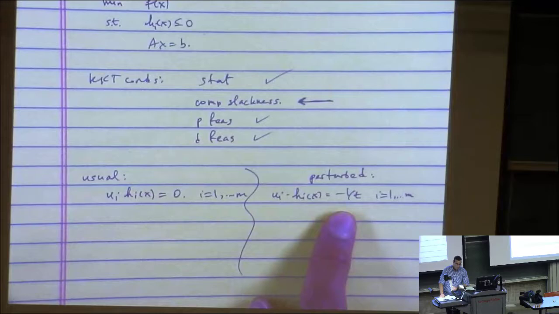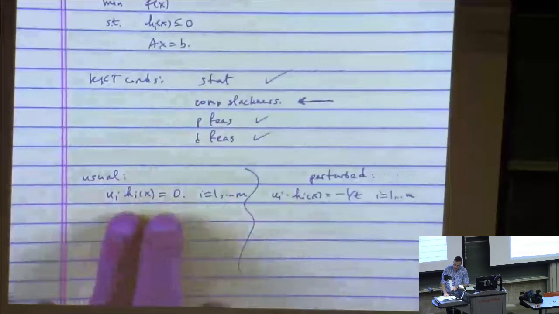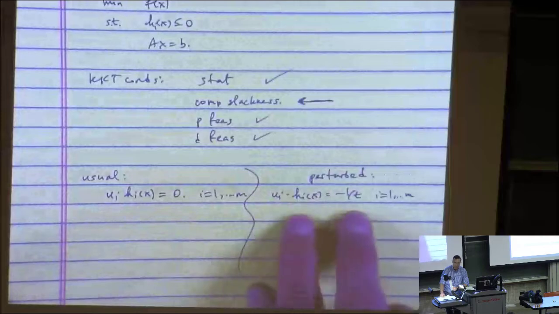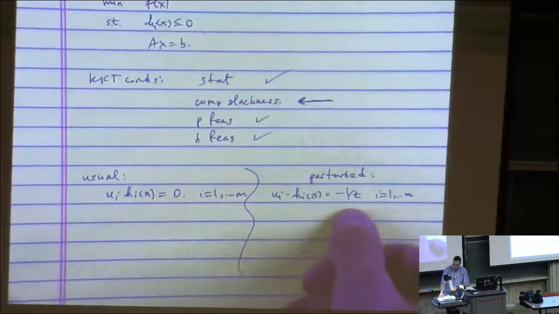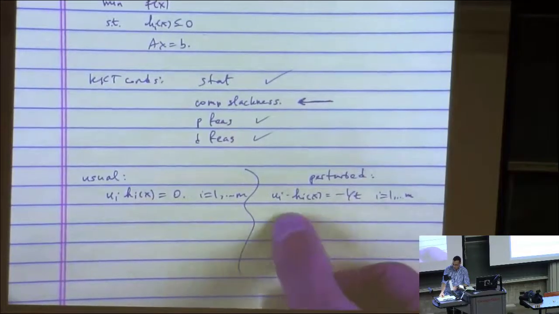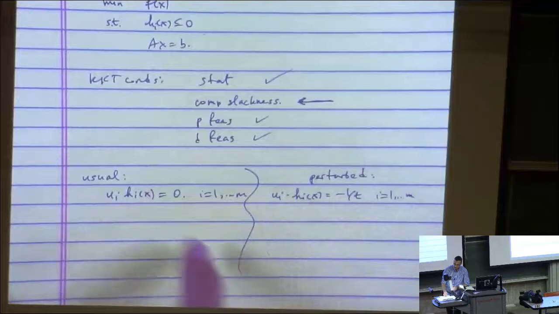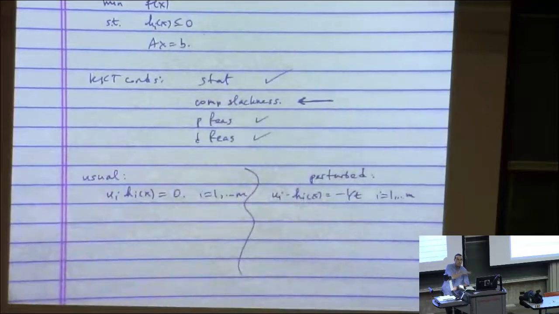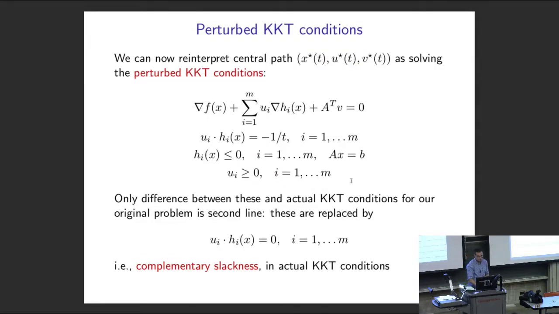And it turns out that the central path is the solution to the KKT system once we replace complementary slackness with this perturbed version. We've replaced 0 by minus 1 over t. As we take t to be very, very big, this approaches complementary slackness. So solving this system is going to give us a solution to our original problem. Look, there's no appearance of any barrier function whatsoever.